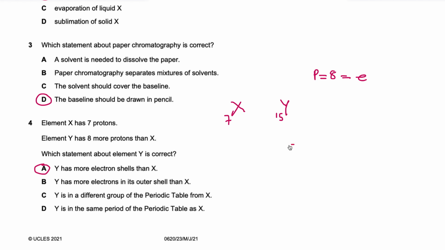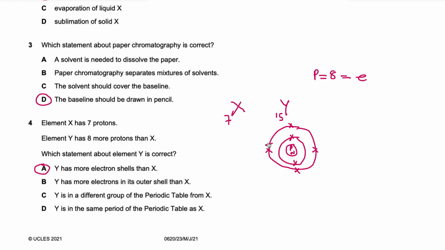We are talking about, if this is where you have the nucleus, you have your protons and neutrons here. The first shell has 2 electrons, and then X has another, after 2 electrons it has 5 more electrons. So I can have 1, 2 for element X, 3, 4, 5.